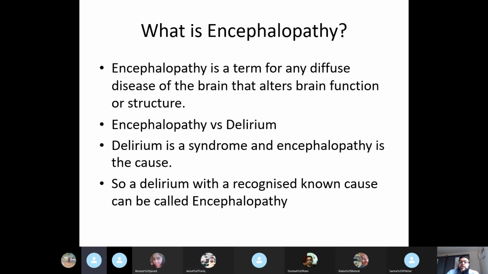So basically, encephalopathy is the cause and delirium is the result. Delirium is the syndrome and encephalopathy is the disease.